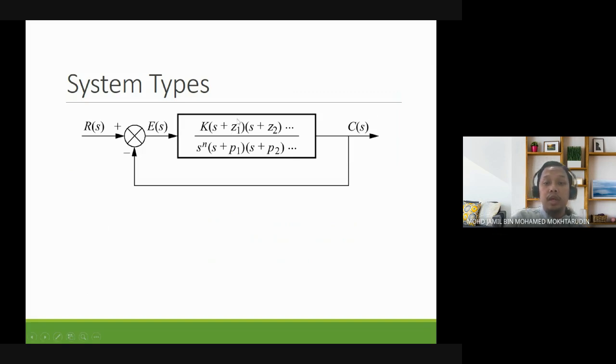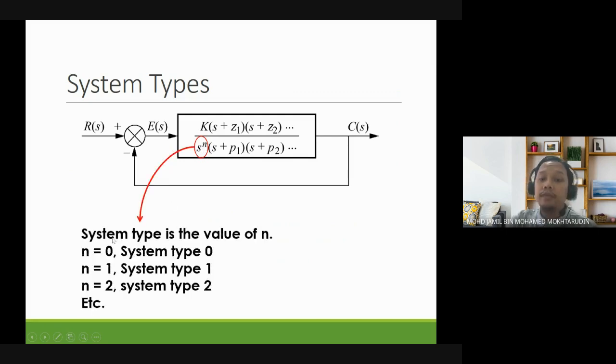So let's say you have G(s) equals this transfer function: K times (s plus z1) times (s plus z2) and so on, divided by s to the power of n times (s plus p1) times (s plus p2) and so on, for a unity feedback system. So look at this s to the power of n. You have a system type depending on the value of n.